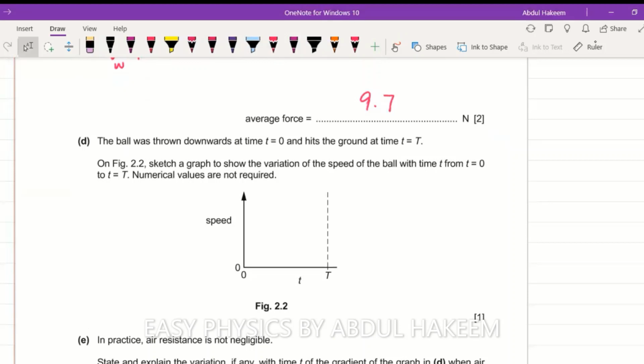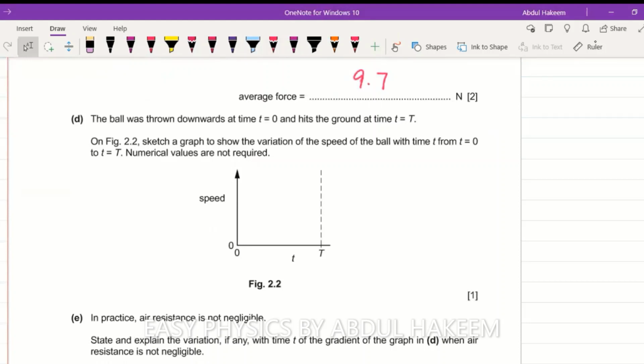Next, the ball was thrown down with the velocity u at time t equals 0, and hits the ground at capital T. Sketch the graph to show the variation of the speed of the ball with time t up to capital T. Numerical values are not required. Look, initially it has speed u, the initial speed.